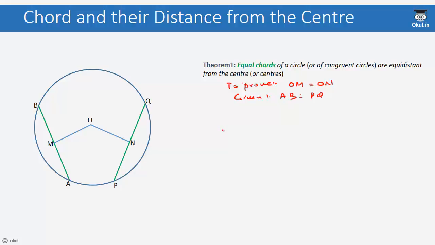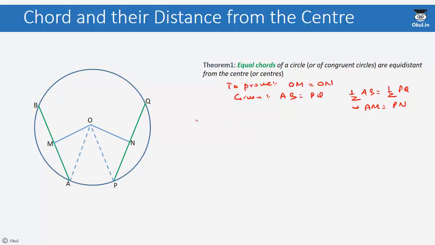Now we have studied the theorem that the perpendicular drawn from the center O bisects the chord. So half of AB has to be equal to half of PQ as well. Half of AB will be AM, as OM is bisecting the chord AB, so AM is equal to PN. Okay, so now let us proceed.